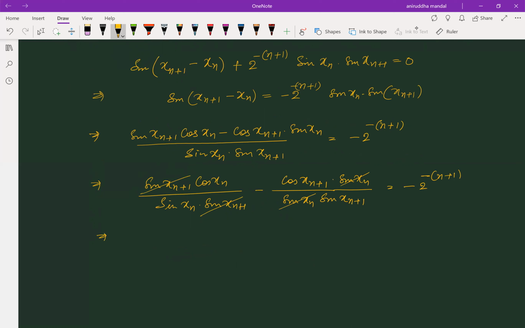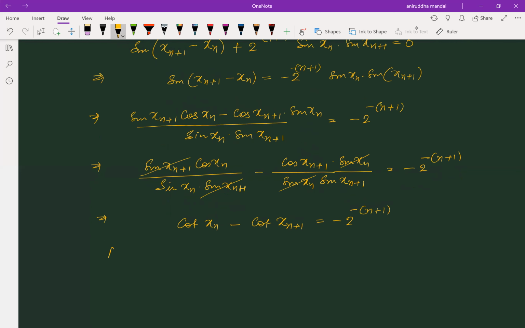So we have cos x_n by sine x_n, which is cot x_n, and cos x_{n+1} divided by sine x_{n+1}, so cot x_{n+1}. So we got our expression as the difference of two cot terms.